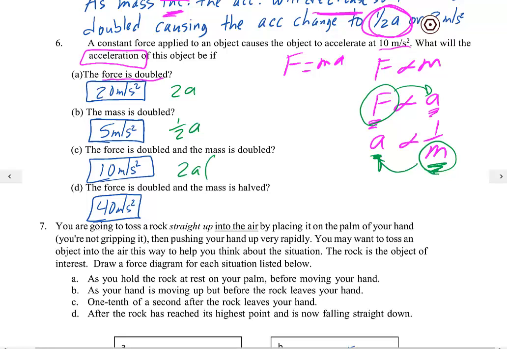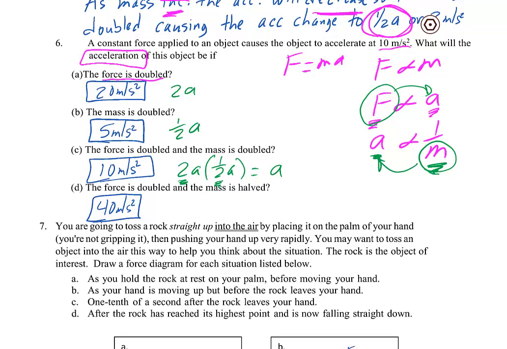If one causes the acceleration to double and the other causes it to cut in half, the net result is no change at all. The acceleration stays the same at 10.